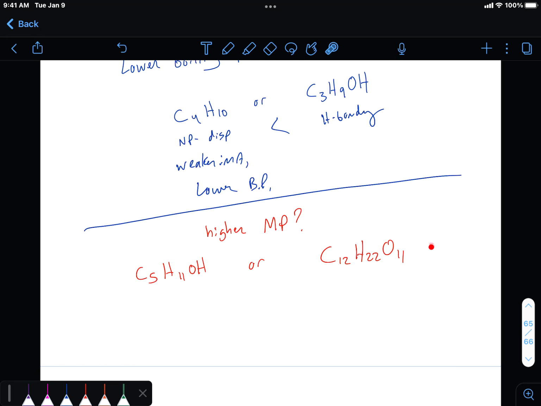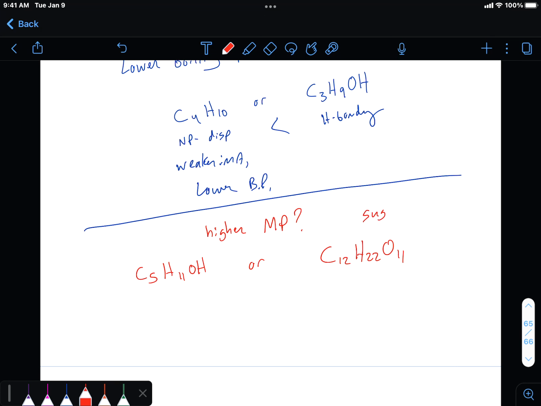Can someone tell me what you know about a formula like this? Kristen? Sugar. How'd you know it's a sugar? Okay, so carbon, hydrogen, oxygens. And the oxygens should be about the same number as the carbons. So that's a sugar.